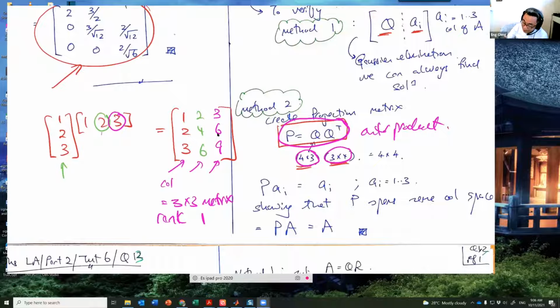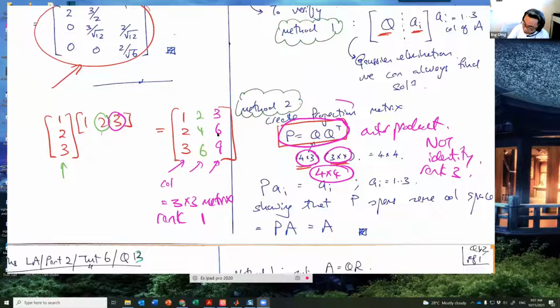Interestingly, I don't get the identity, because I have only 3 independent columns. I generate a 4 by 4 matrix, which needs 4 independent columns, but I only have 3. So this is a rank 3 matrix. It is not an identity.